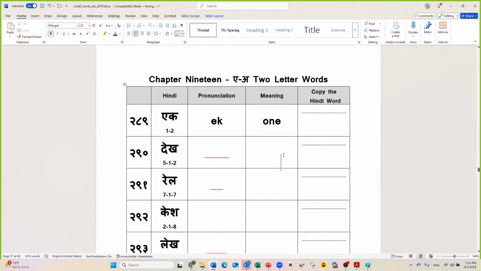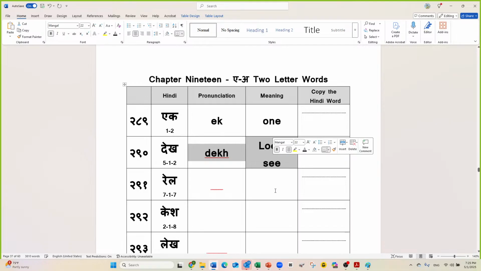Okay, go and write that down. Ek means one. Okay, Kavina, give me the next word. Dekh. Dekh means look or see.